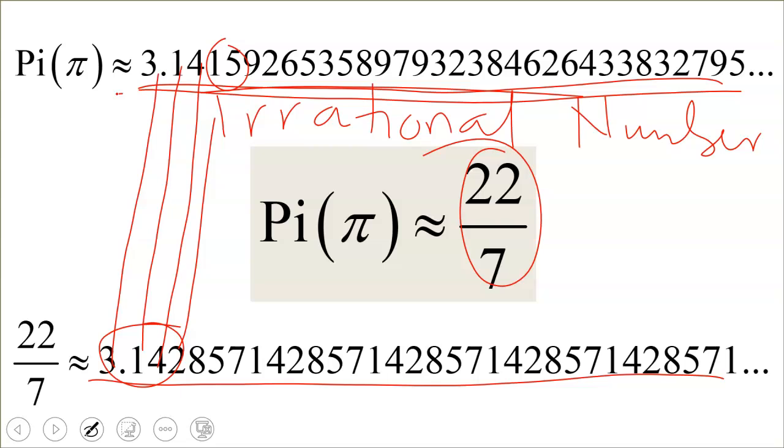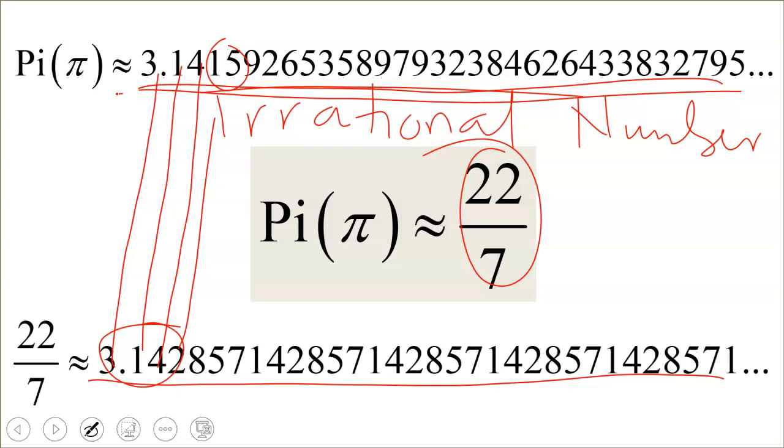And so mathematicians realized that if they use 22/7 to represent pi, it gives them a fairly accurate value for a few decimal places. And so we always see that we represent pi as 22/7. But remember, pi is not 22/7. Don't forget, they are not the same. But approximately, we can equate them.